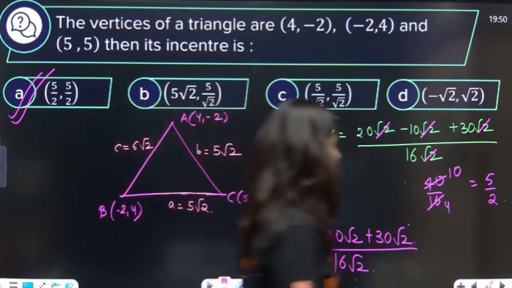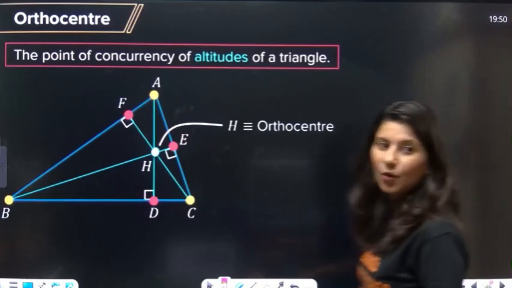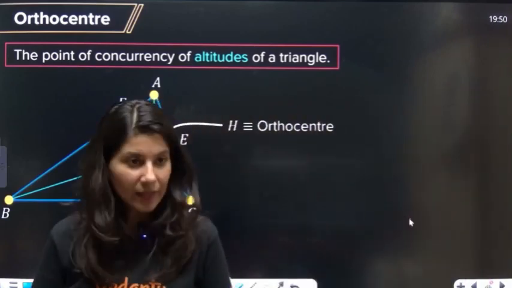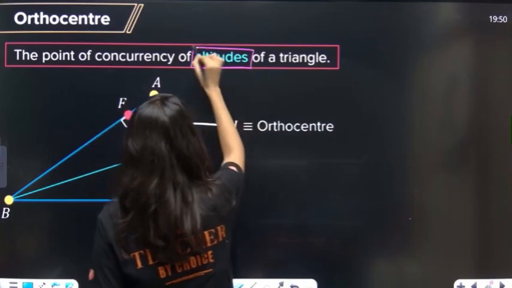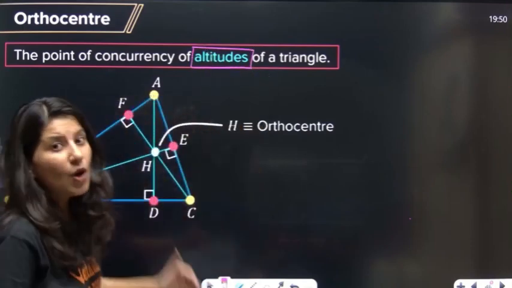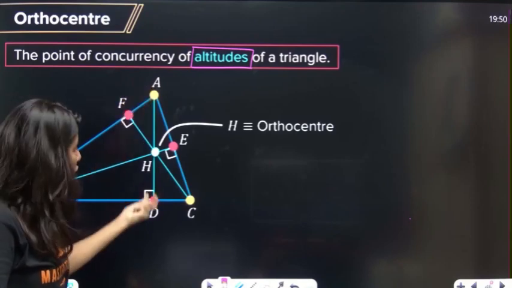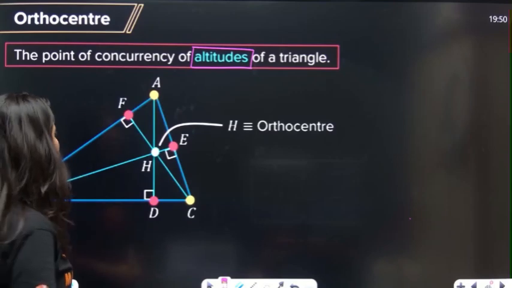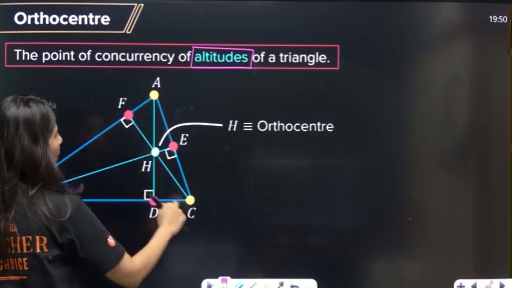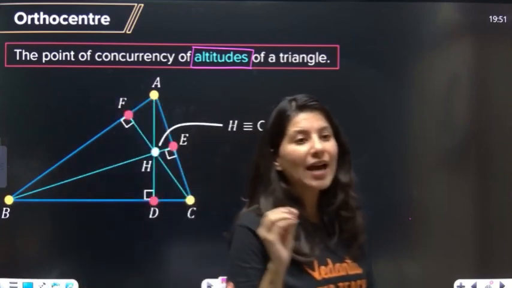Okay, incenter, crystal clear. Now you have orthocenter on your plate. Orthocenter, everybody. What is orthocenter? Orthocenter is the point of concurrency of all the altitudes. What is altitude? Altitude is nothing but from the vertex you have to drop a perpendicular on the other side. So altitude, altitude, altitude, and this is nothing but orthocenter. Now there is no direct formula.